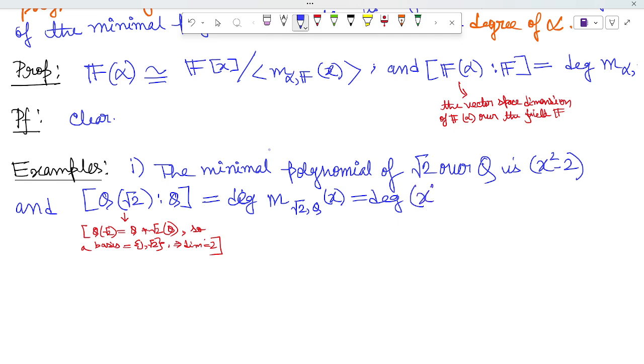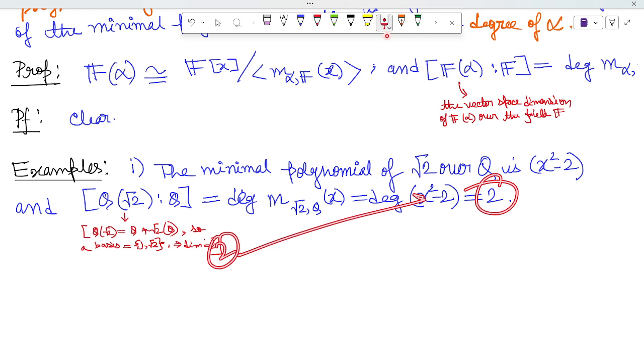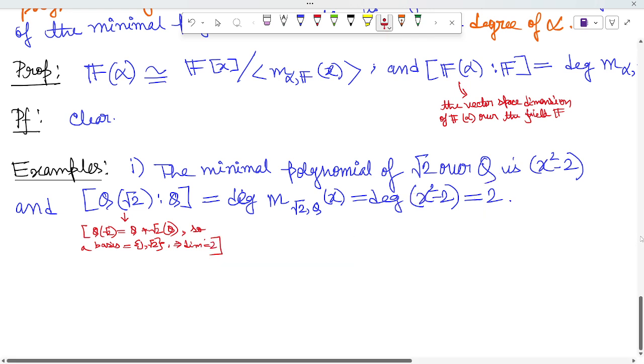This is x square minus 2, whose degree is 2. So the two answers match. This is 2 or this is 2, equal. So you can solve it either way.